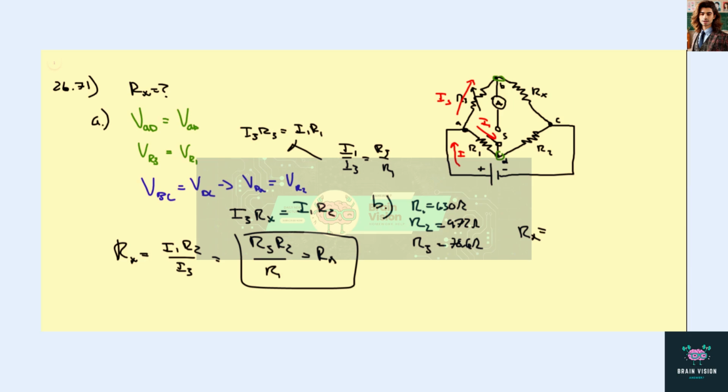So Rx now equals 972 times 78.6 all over 630. Plug that in, we get an answer of 121 ohms. Awesome.